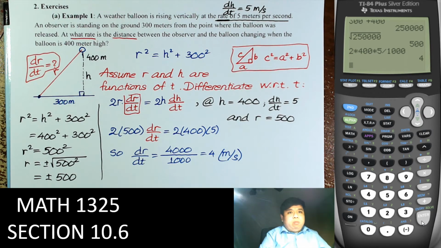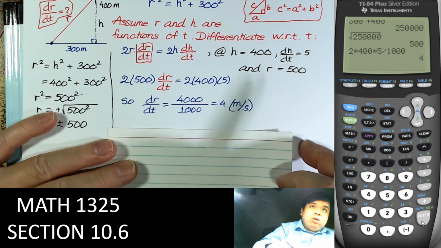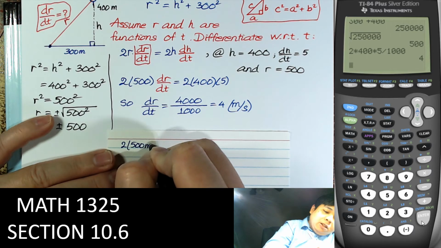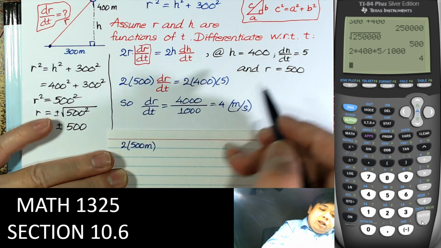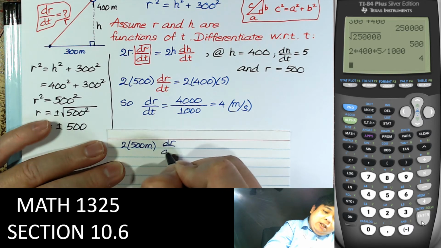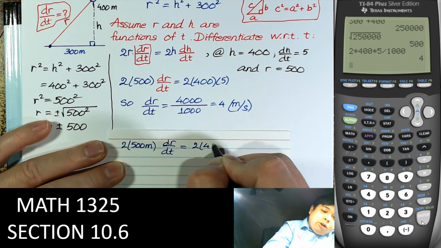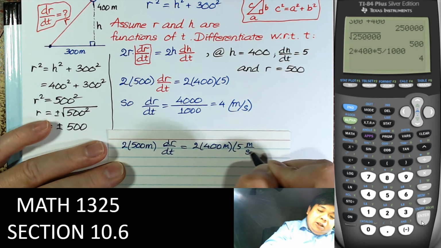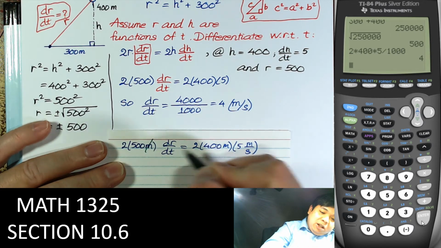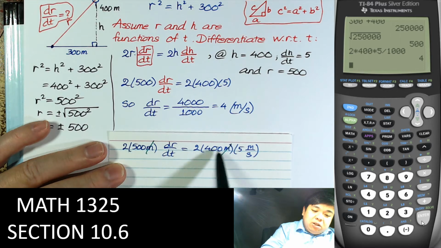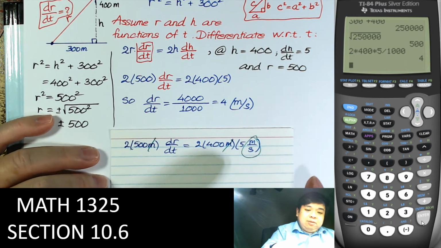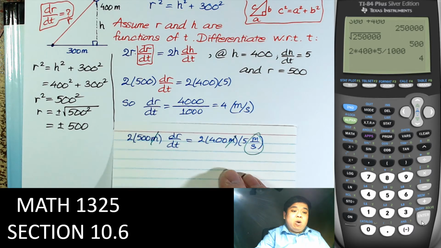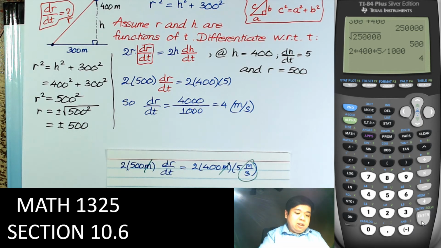So if we actually want to put everything in, we can also write 2 times 500 meter, because that's what r is, meter, and then dr over dt equal to 2 times 400 meter, and then 5 meter per second. Right. So we can just cancel out the meter on both sides, and then all the numbers work out. At the end we still have meter per second. Right. So usually we can put all the unit in like that, or we just put the numbers. At the end we determine the unit.